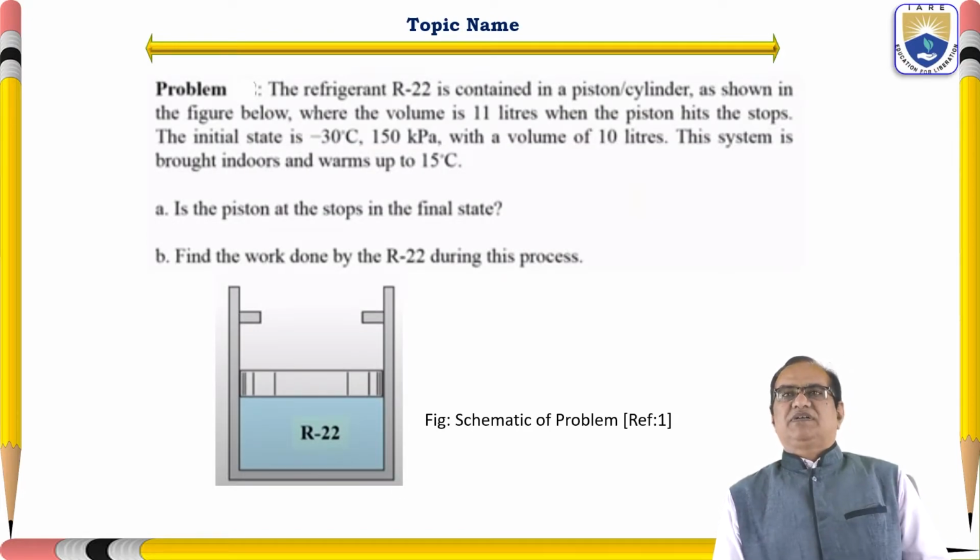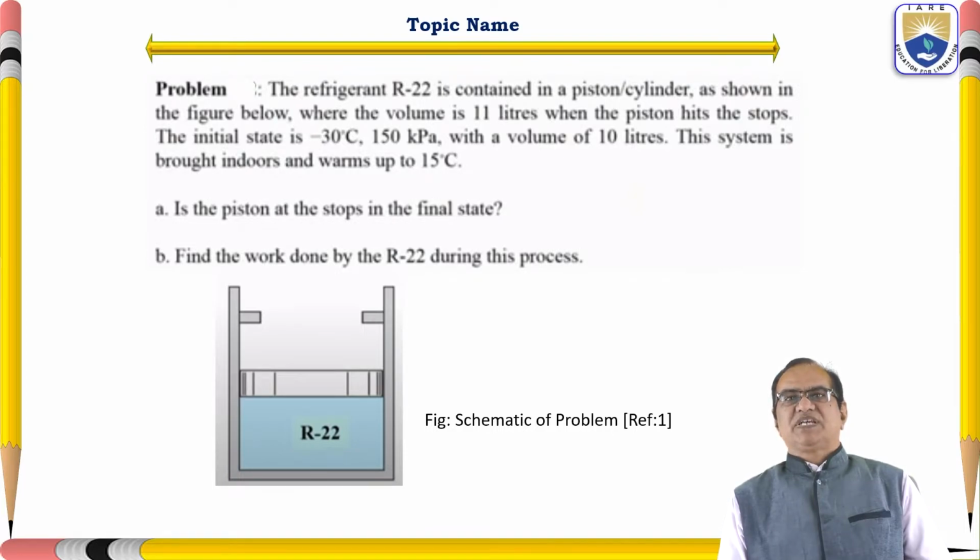So this is the second problem which I am going to discuss, and this is taken from reference 1. The refrigerant R22 is contained in a piston cylinder as shown in the figure below, where the volume is 11 liters when the piston hits the stop.